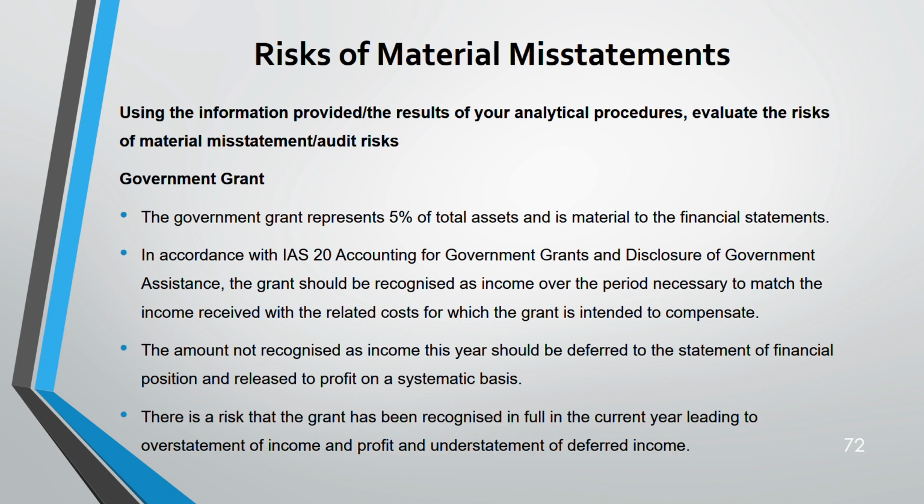So here what happens? There could be a risk that the grant could be immediately recognized in full in the current year. So in the current year, your income and profit might be overstated and your deferred income might be understated.